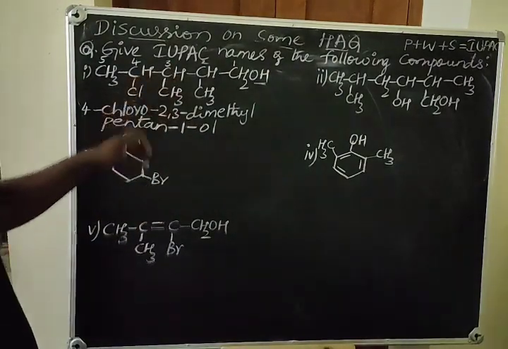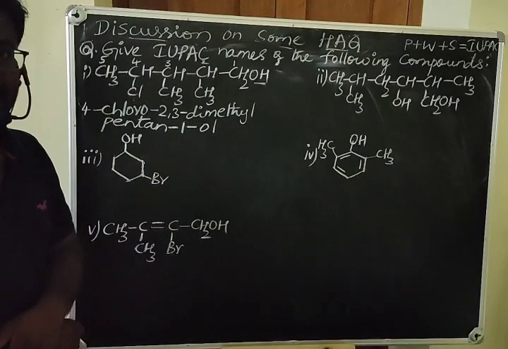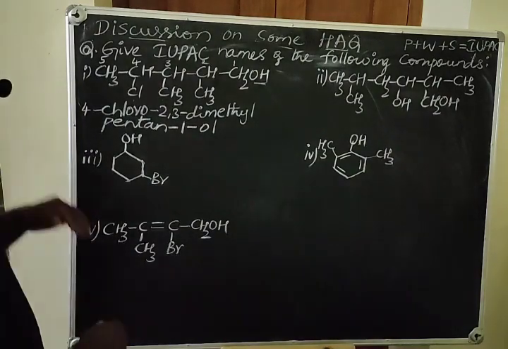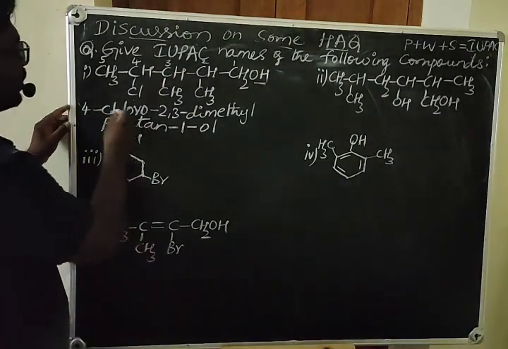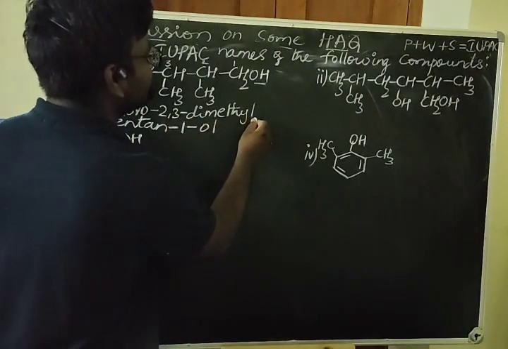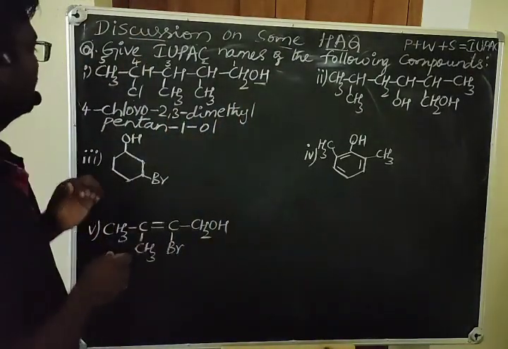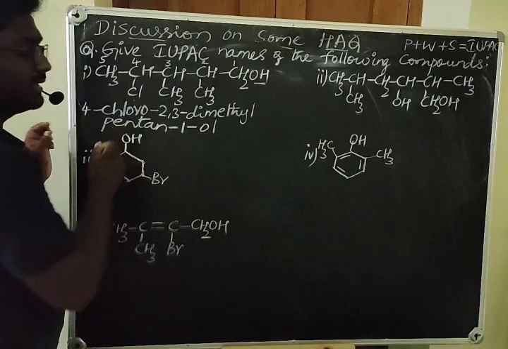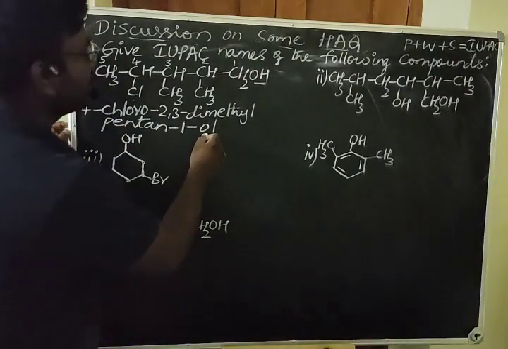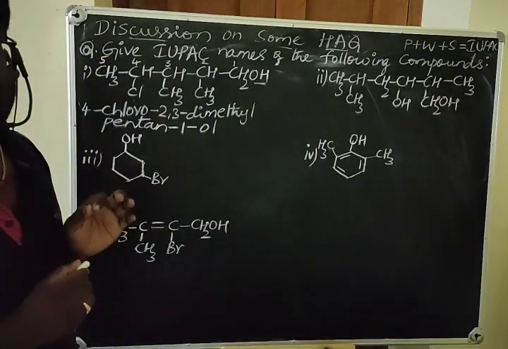In this way you have to write the IUPAC name of the compound. Here 4-chloro-2,3-dimethyl is the prefix, pentan is the word root, and ol is the suffix.